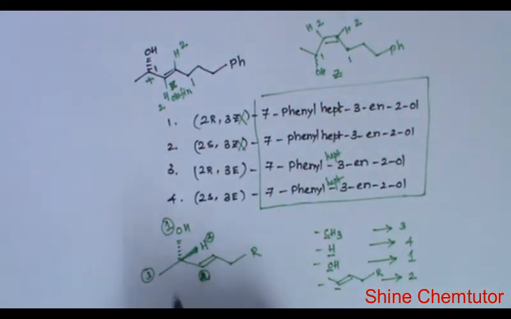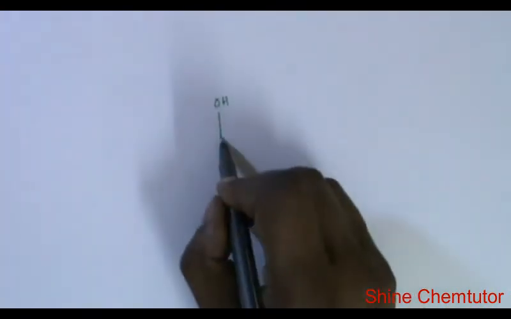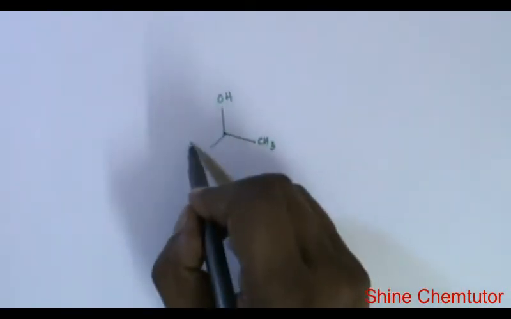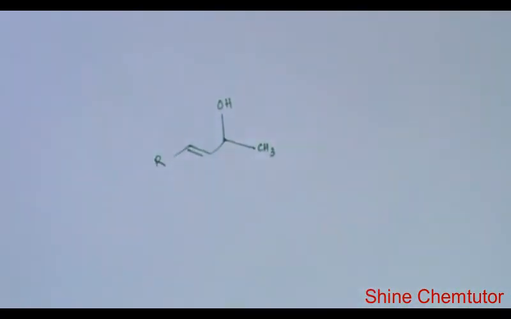Now, the least priority is facing towards us. It is a thick line. You have to view the molecule from the bottom, that is the opposite side of this paper. If you view the molecule from the bottom, you will get OH on the top, CH3 towards your right, and the alkene or the long chain towards your left.